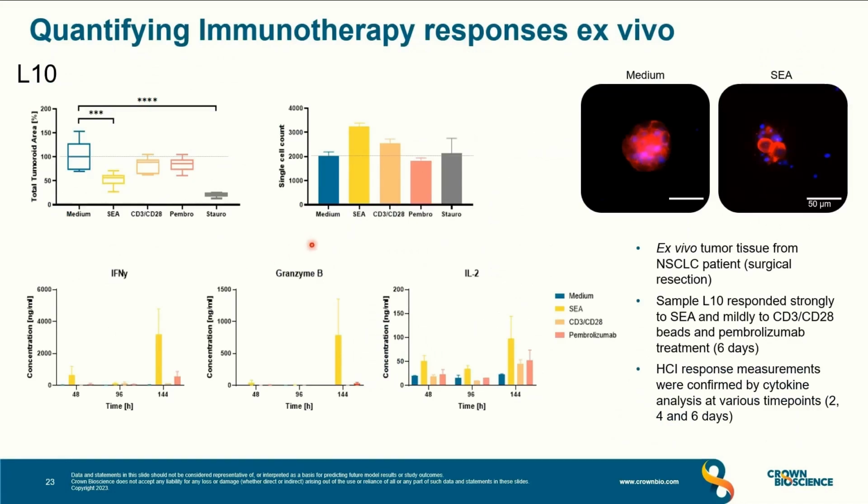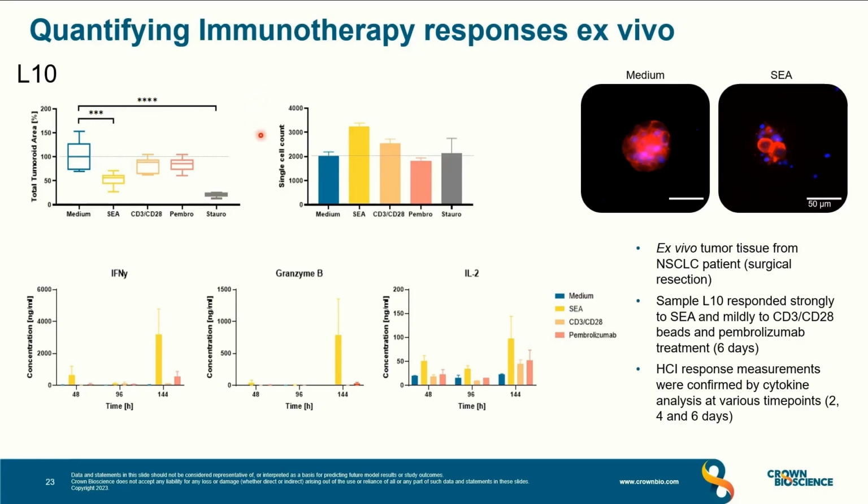Such phenotypic analysis is translated into the following data. This sample, for example, has shown a response to SEA and a mild response to CD3/CD28 beads and pembrolizumab. It has also shown increased immune cell counts upon treatment with SEA and CD3/CD28 beads.